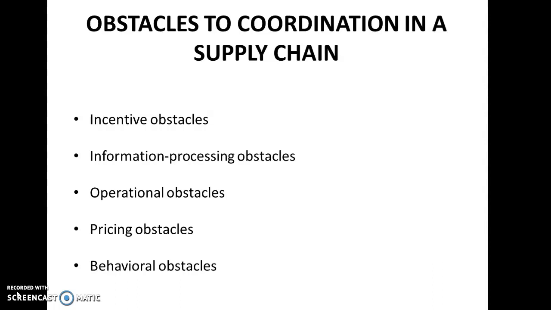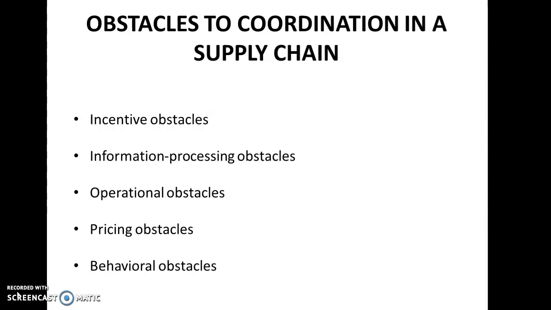So in this scenario, we should understand what are all the obstacles to achieve coordination in a supply chain, so that the supply chain management system may try to tackle the obstacles or remove the obstacles from the supply chain system. There are various kinds of obstacles occur in a supply chain system.